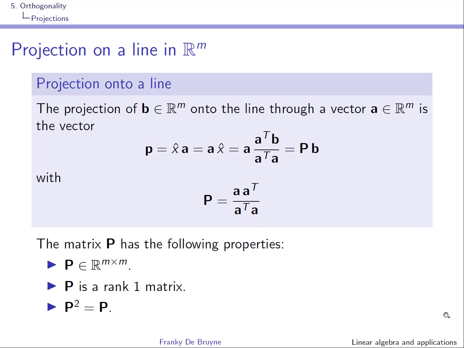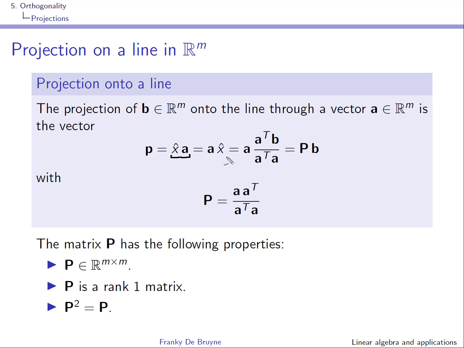So in the previous slide we were looking for the projection of b onto a vector A, and now we are interested in the matrix that will map b into p. So remember that the projection could be written as a multiple of the vector A, so A times a scalar.